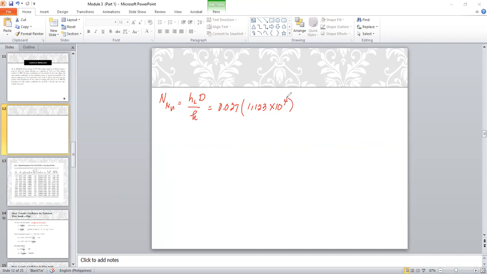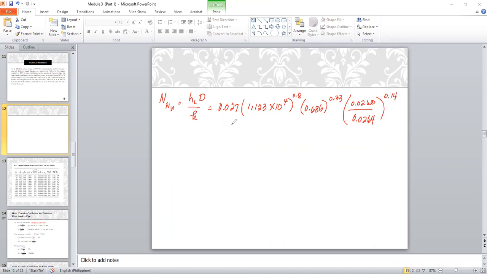And we're going to raise this to 0.8. The Prandtl number that I have shown to you where to get is 0.686. Raise this to 0.33. The viscosity, the bulk viscosity is 0.0260, and that at the wall is 0.0264. The ratio of these two we need to raise to 0.14.